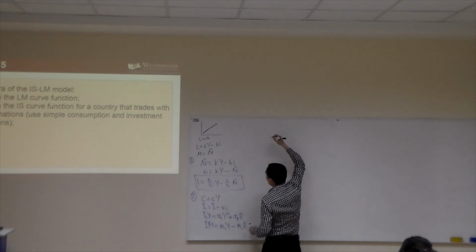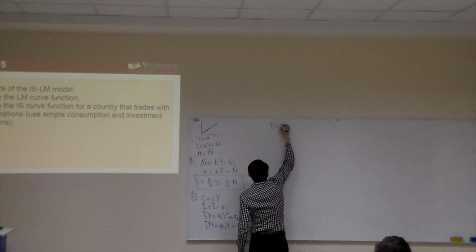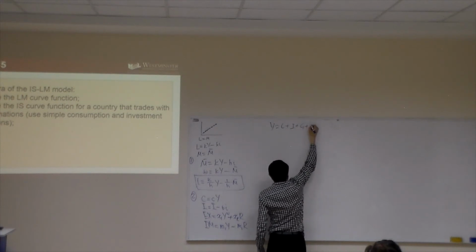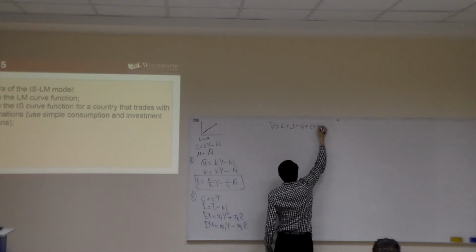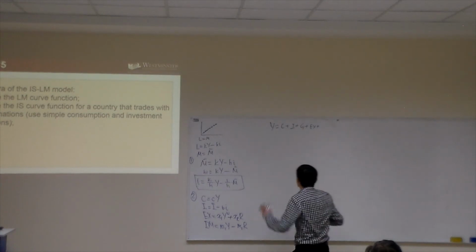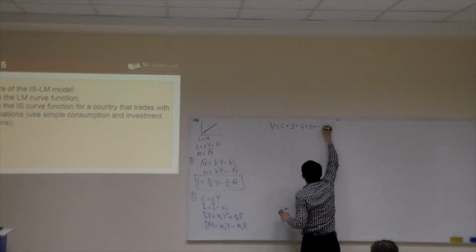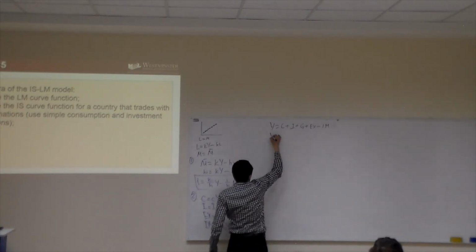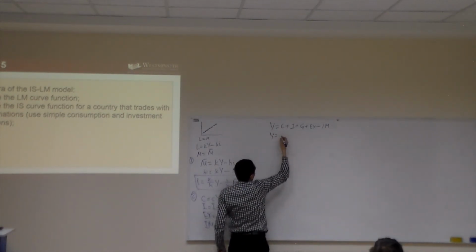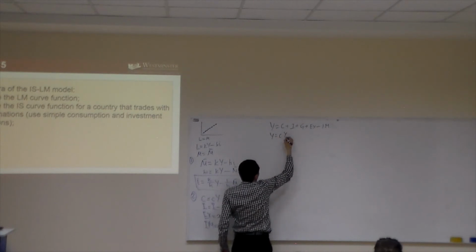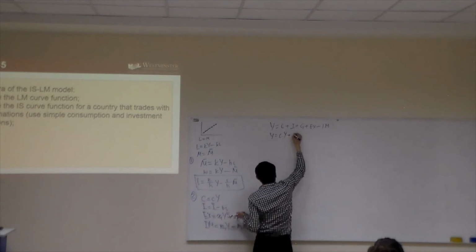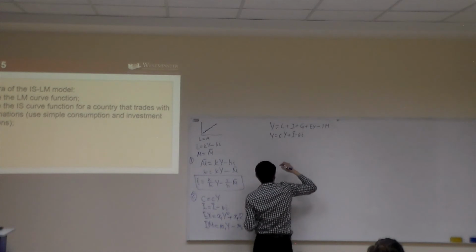In our goods market, Y is equal to consumption plus investment plus government spending plus export minus import, where our consumption itself is equal to marginal propensity to consume times Y. Our investment function is autonomous investment minus B times interest rate.